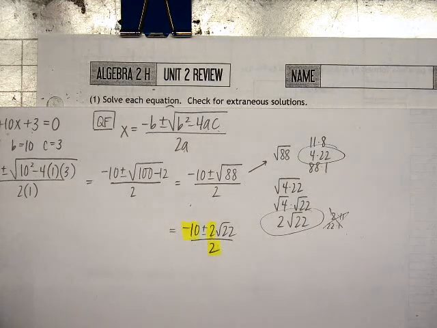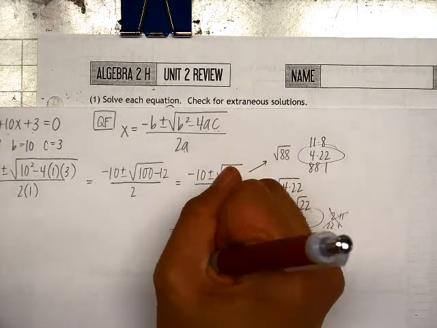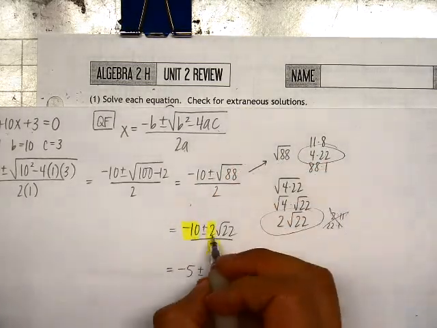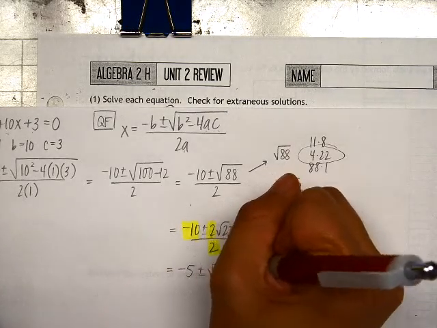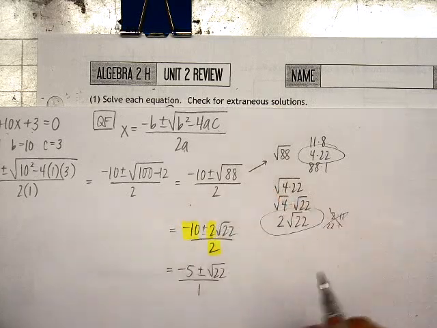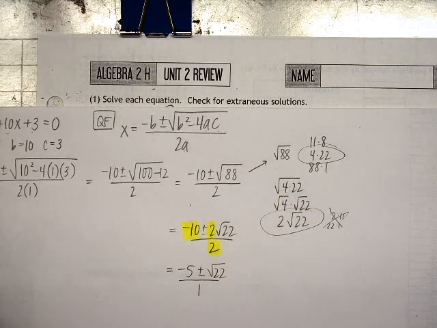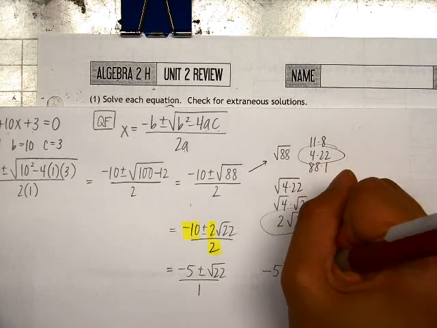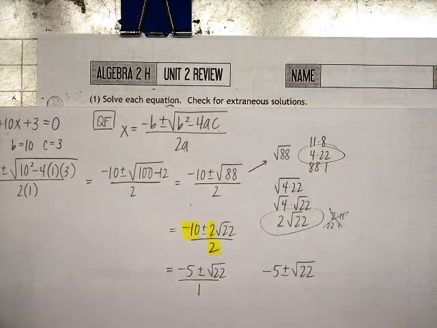All of those numbers are divisible by 2, so if I divide all of those numbers, I would get negative 5 plus or minus 2 divided by 2 would just be 1 square root 22 over 2, which is really going to give me 1, and we don't really need to write over 1. So the most graceful way of writing our answer is negative 5 plus or minus the square root of 22.